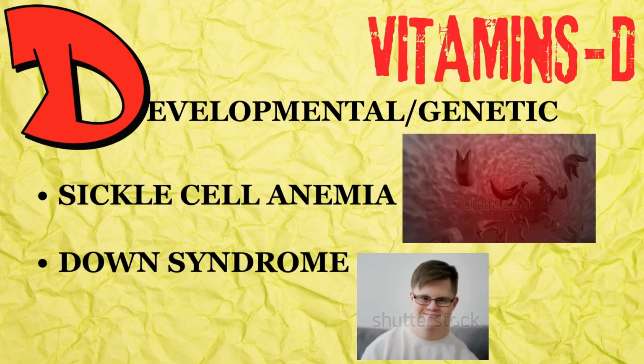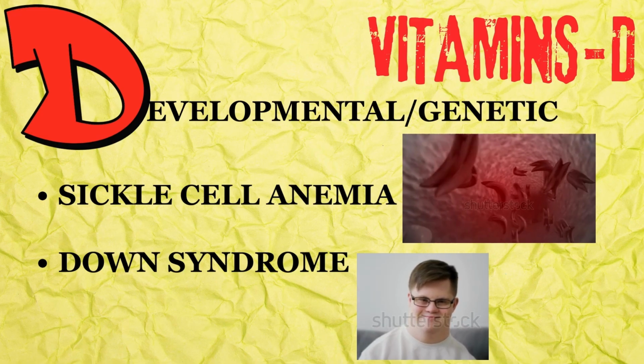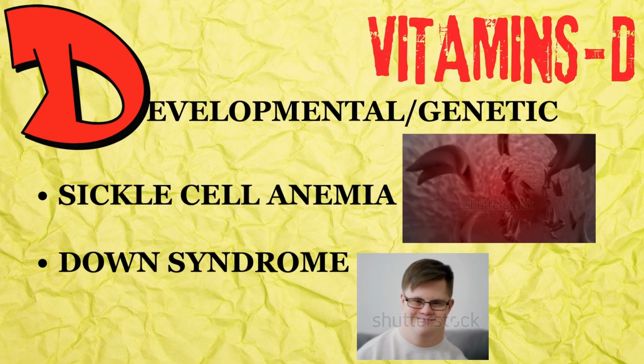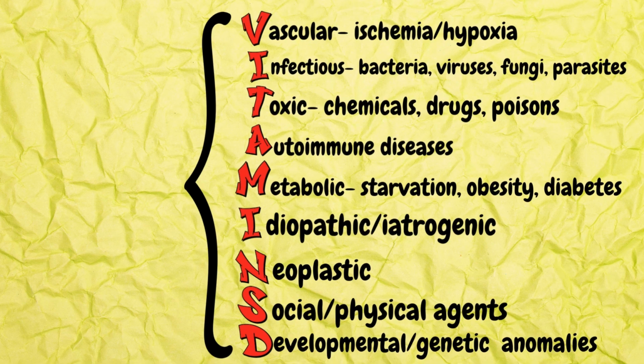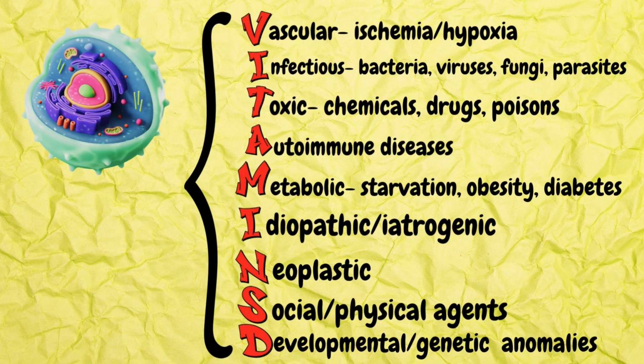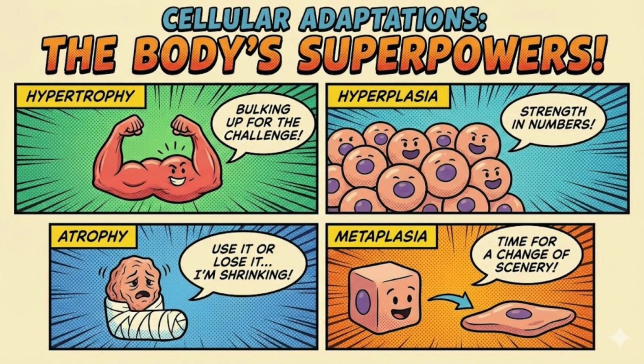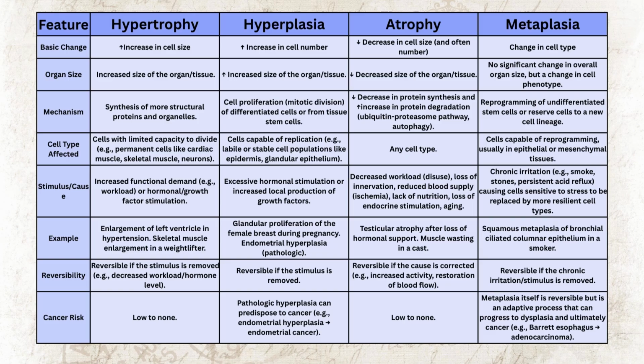Sickle cell anemia, Down syndrome, a flaw in the city's blueprints from day 1. When any of these agents attack, the cell must first try to adapt. The city gets stressed, so it changes its operations. This is adaptation. This is a new state of homeostasis.